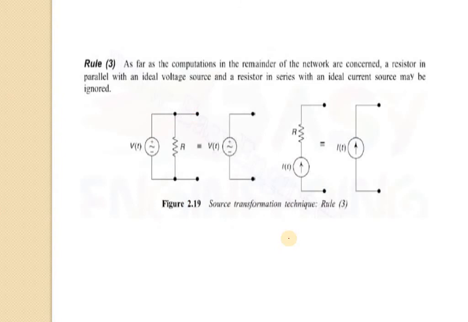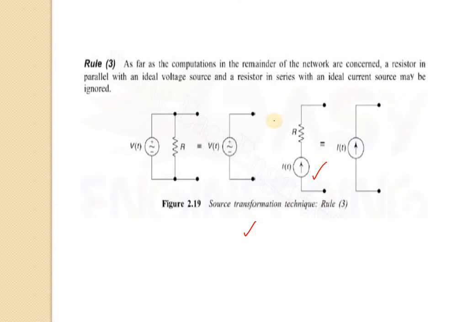Rule 3. As far as the computation in the remainder of the network is concerned, a resistor in parallel with an ideal voltage source and a resistor in series with an ideal current source may be ignored. That means a resistor with a voltage source in parallel, or a resistor with a current source in series, can be ignored.